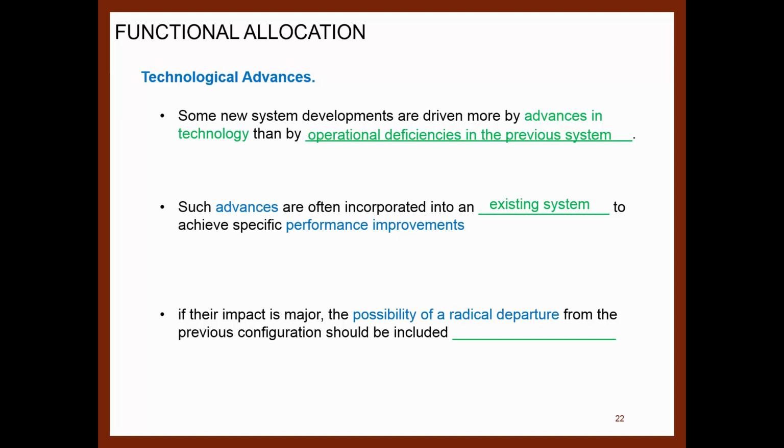Some of the things that you can see are modifications of the lights of the car, or modifications to the interior by integrating new technology on the dashboard, and that is an improvement in terms of technological advantage. If their impact is major, the possibility of a radical departure from the previous configuration should be included among the alternatives.